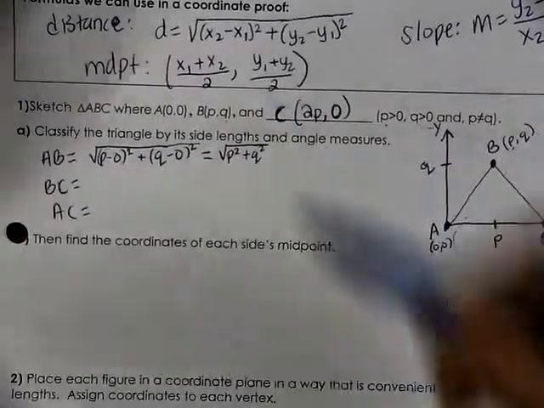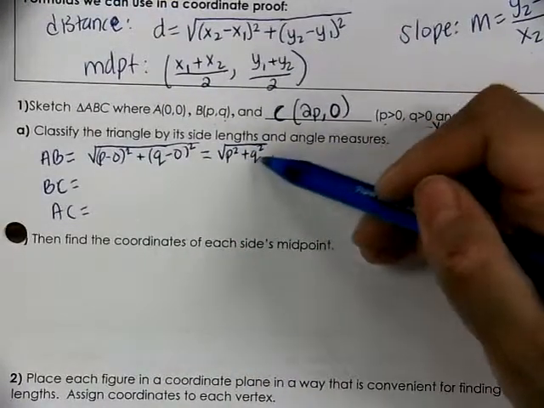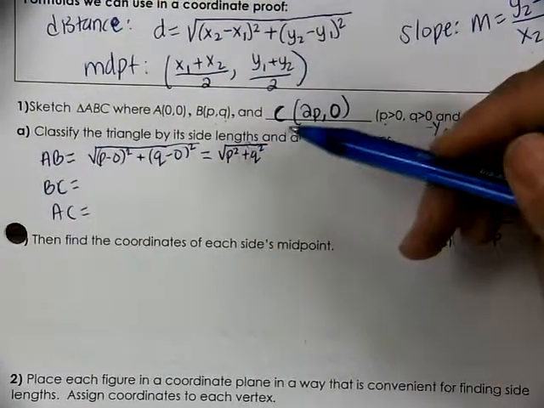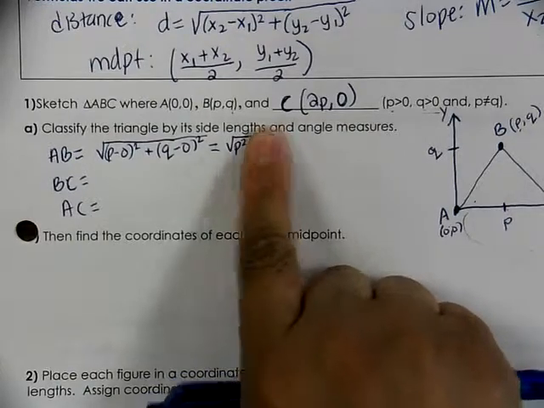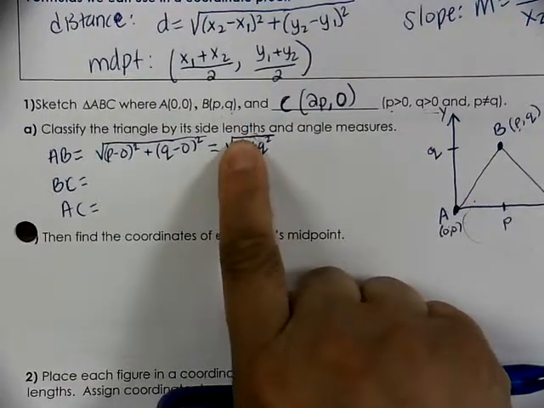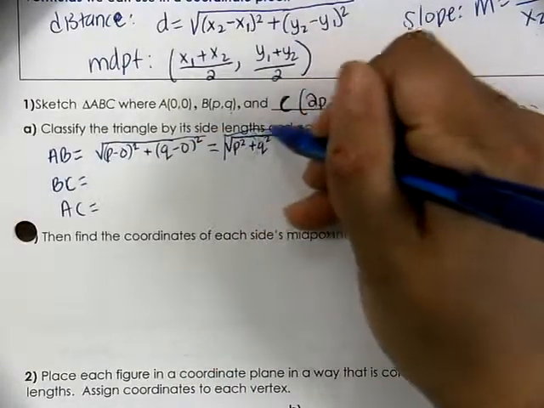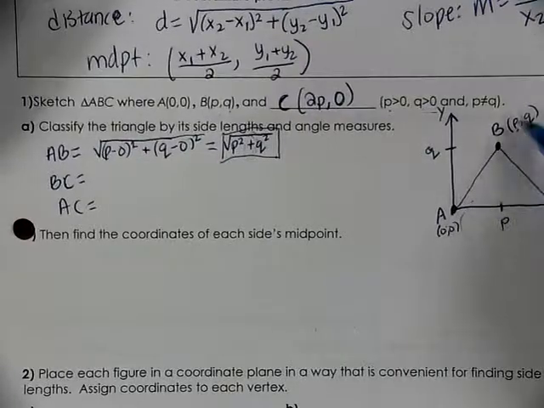You actually can't. When there's a plus sign there, when it's a square root of even perfect squares like p squared and q squared, you cannot simplify further when you see plus or minuses, right? So if this was just the square root of p squared or just the square root of q squared, then we would have to simplify further, but since it's not, we stop right here. And that's my answer for the distance for AB, the length of AB.